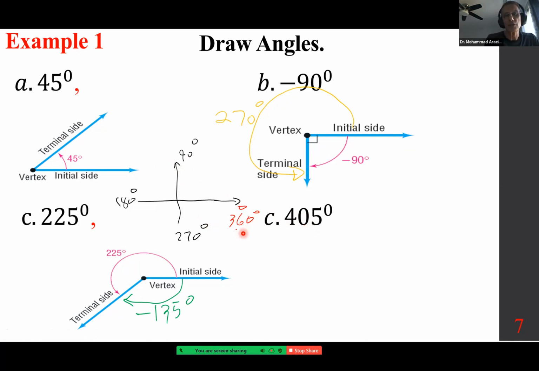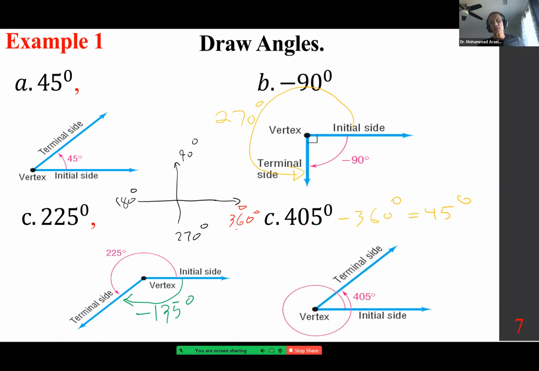So if you subtract 360 degrees from 405, it gives me 45 degrees. So it's the same as 45 degrees counterclockwise, the positive side.